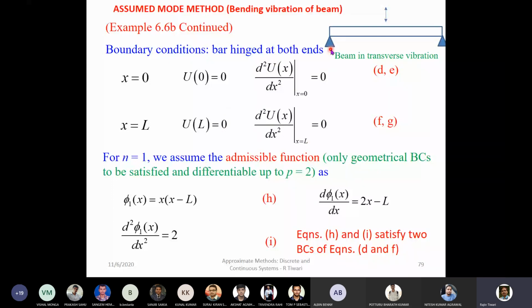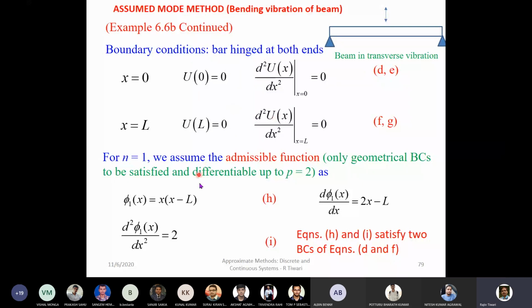Here you can see at x equal to 0, we have displacement 0 and bending moment 0. Similarly, at x equal to L, we have displacement 0 and bending moment 0. But the requirement is that while we choose the admissible function, we need to satisfy only the geometrical boundary conditions. We are not bothered about the others.